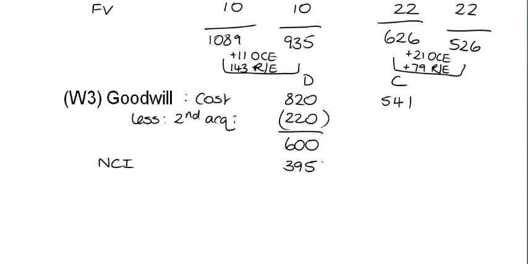We've got the NCI for Data. For Captive, how are we going to work it out? Well, at acquisition, net assets of 526. The NCI have 20%, so that works out as 105.2.